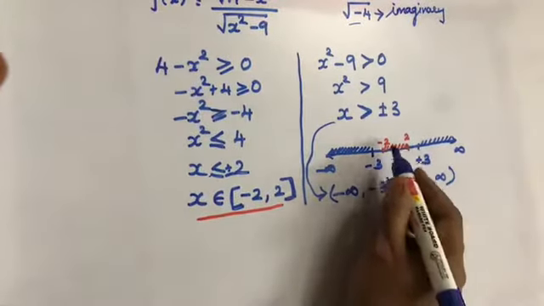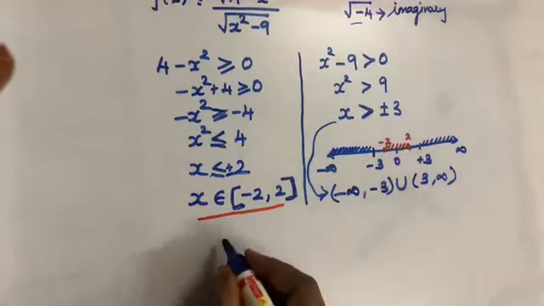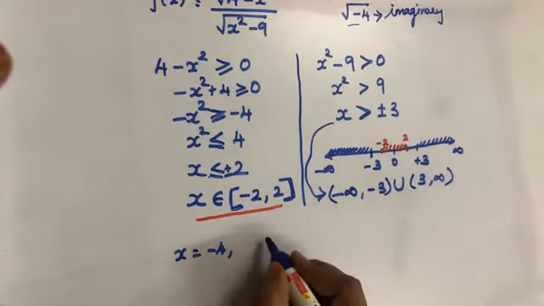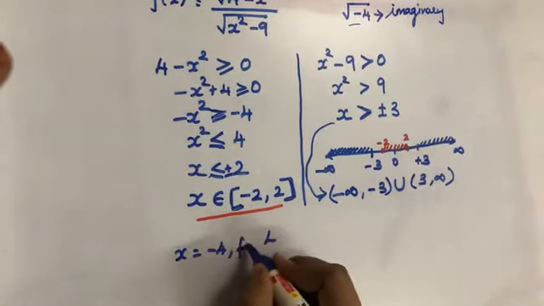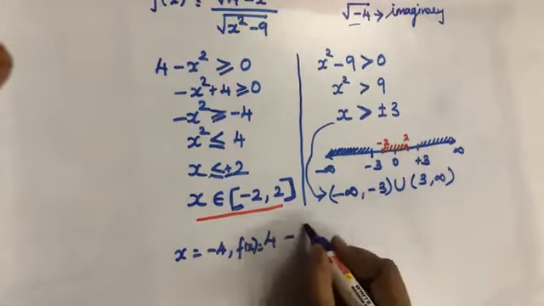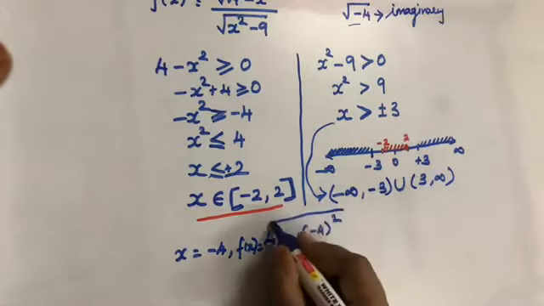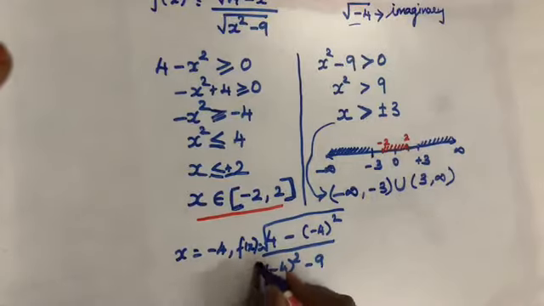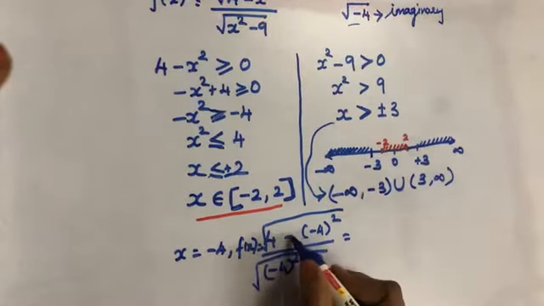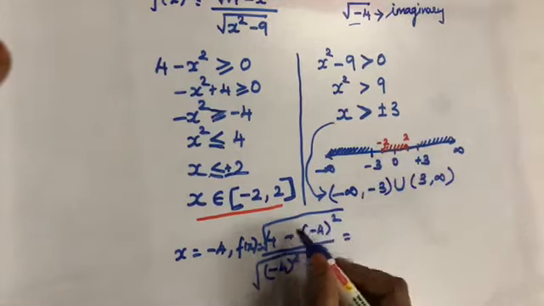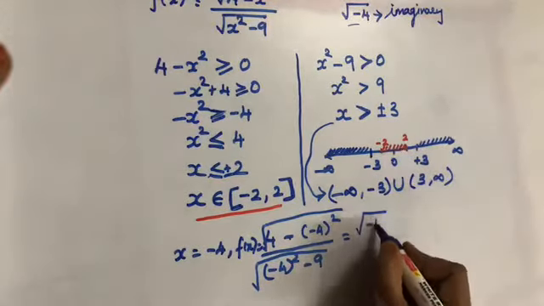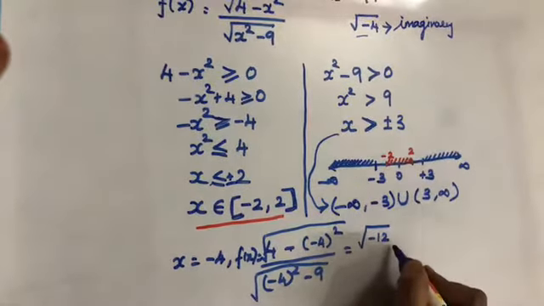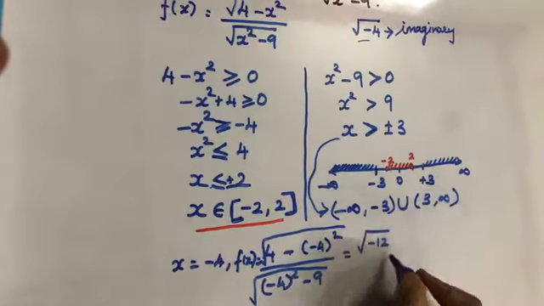For example, if x is equal to minus 4, f of x is equal to square root of 4 minus minus 4 square, divided by minus 4 square minus 9. So 4 minus 4 square, it is 16. So 4 minus 16 it is minus 12. Negative number inside the square root, so it is invalid. It will become a complex, imaginary number.